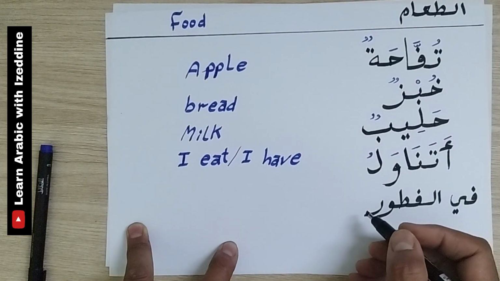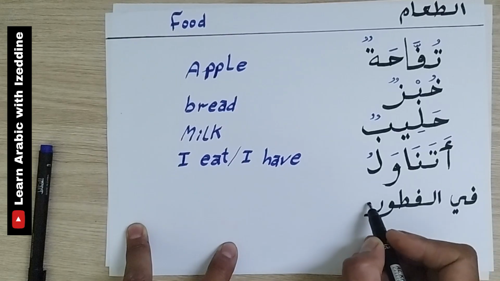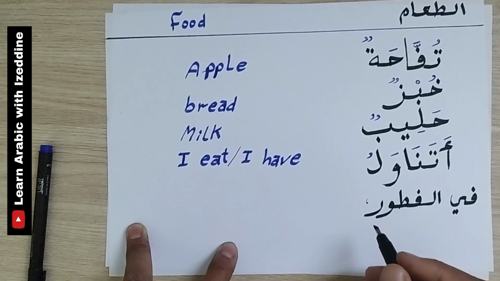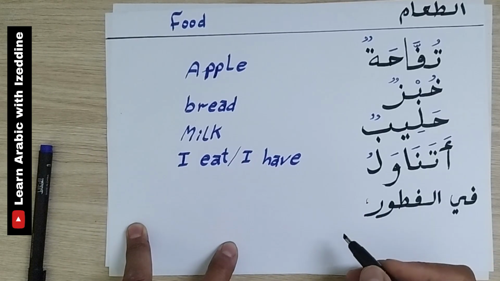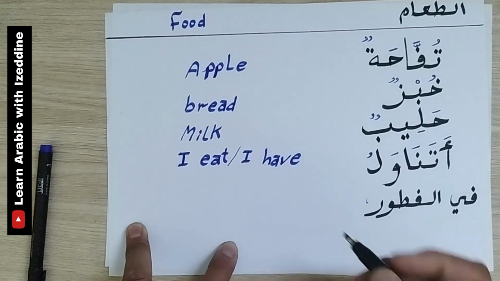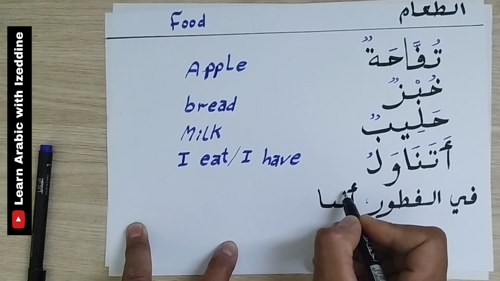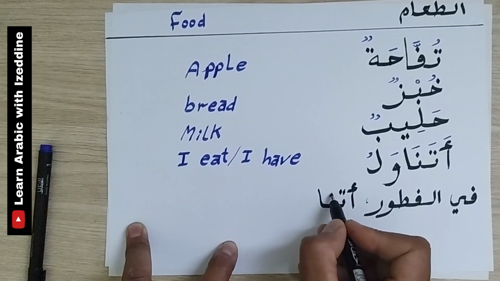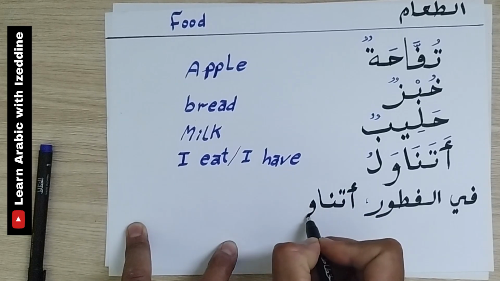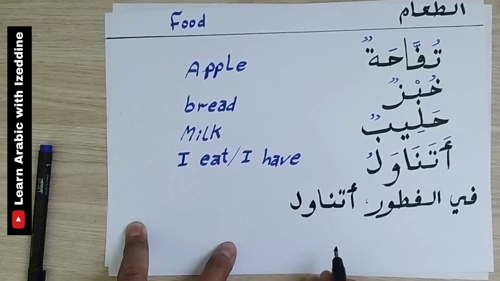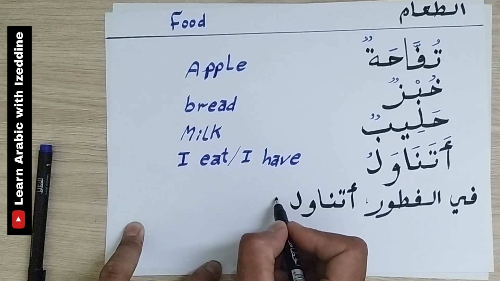I have, okay, here we have a comma. أتناول what? تفاحة.